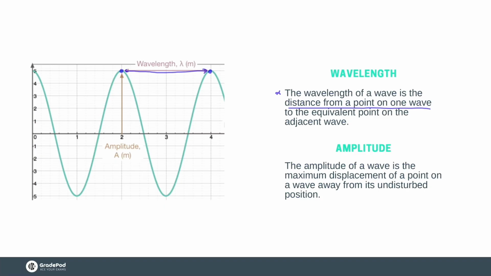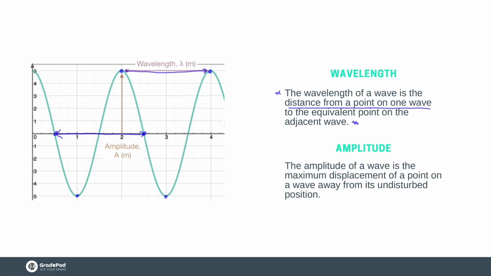Now it doesn't have to be the 2 crests. It could be the 2 troughs. It could be the 2 sort of parts where it crosses the axis. It doesn't matter what point it is on the wave, as long as it's the equivalent point on the next wave. This definition has to be memorised, so let's pop that in your definition section.